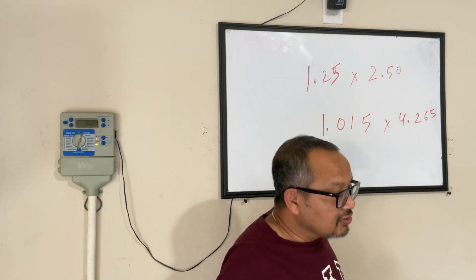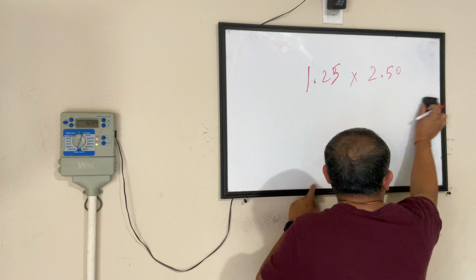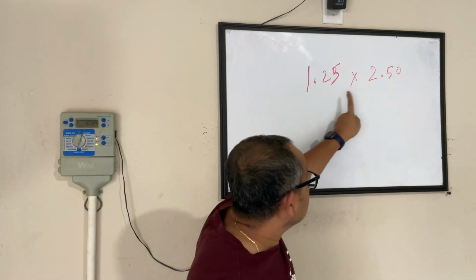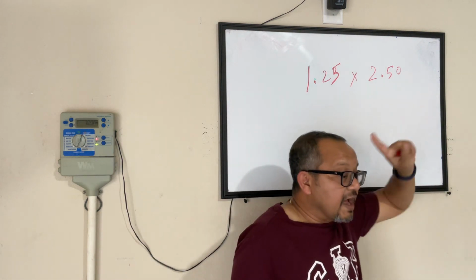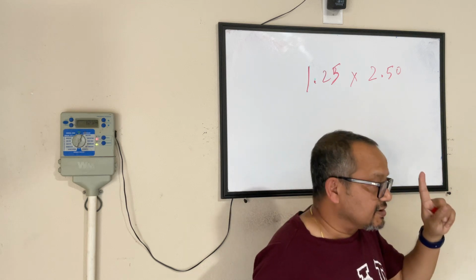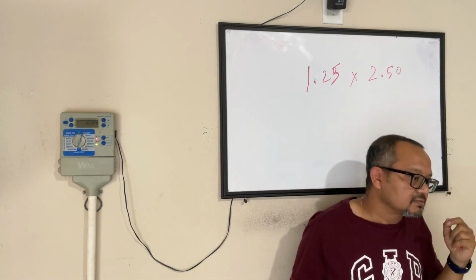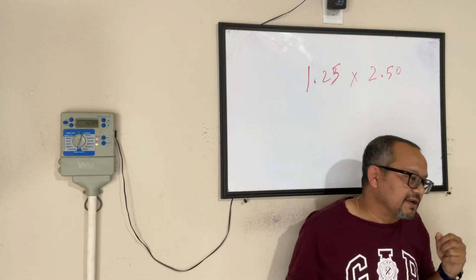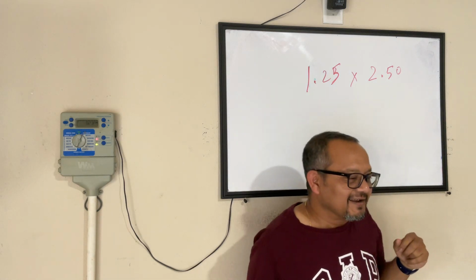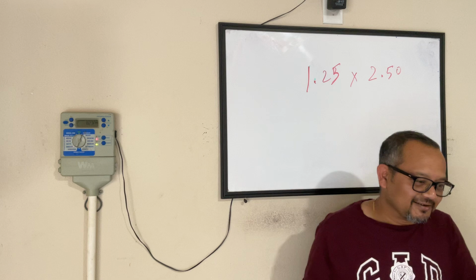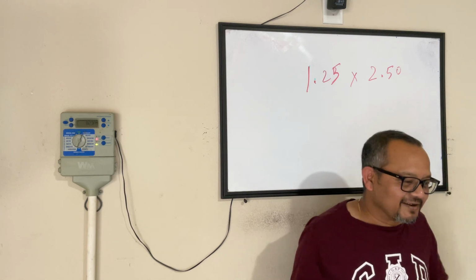Now, if you guys remember, let's look at this problem. I will show you how simple the calculation could be. Now, if you have these two decimals, I have always told you guys, who is my best friend? Decimal. Okay, who is my best friend?